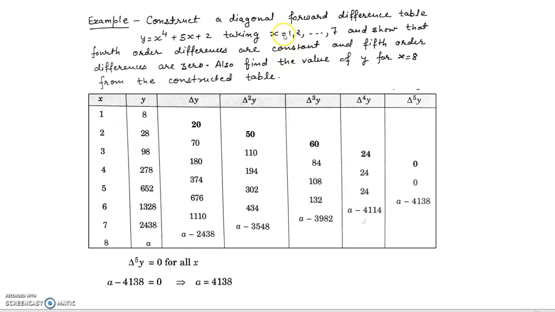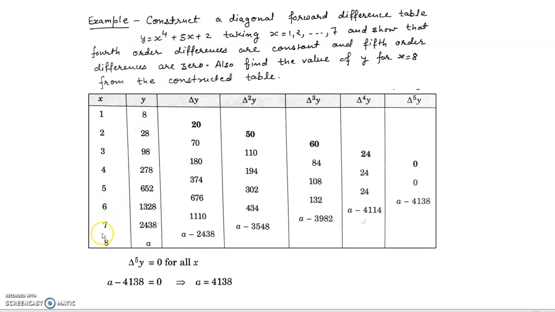Here the arguments, that is the values of x, are 1 to 7 and 8 also, because at 8 we have to find that value, and let us consider that entry a, which we have to find. Up to 7, these values we have written from this equation. If you put x equal to 1 in this equation, you will get y equal to 8. If you put x equal to 2, you will get y equal to 28, and so on.